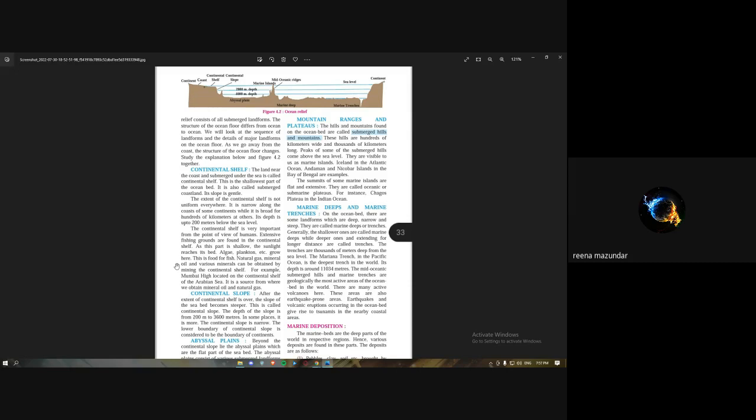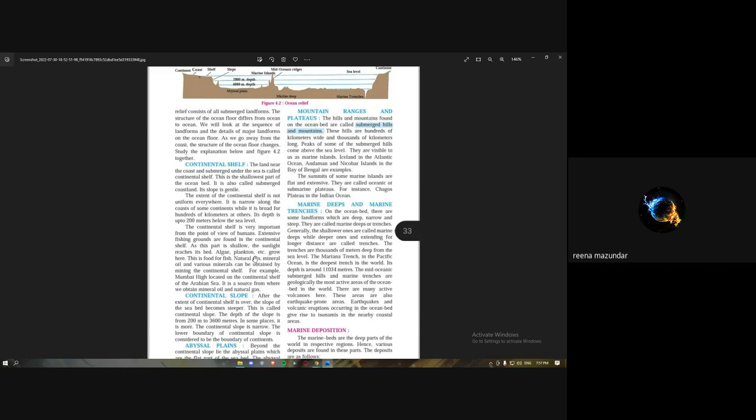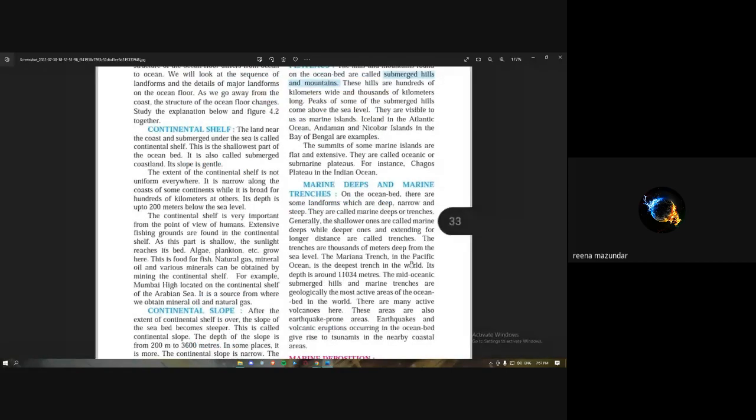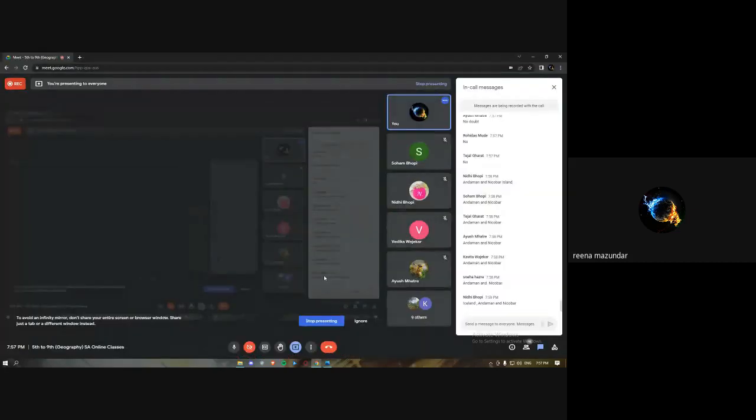Okay. Next question. Name the deepest trench in the world. The deepest trench. Mariana. Soham has given the answer. Nidhi, the spelling is wrong.